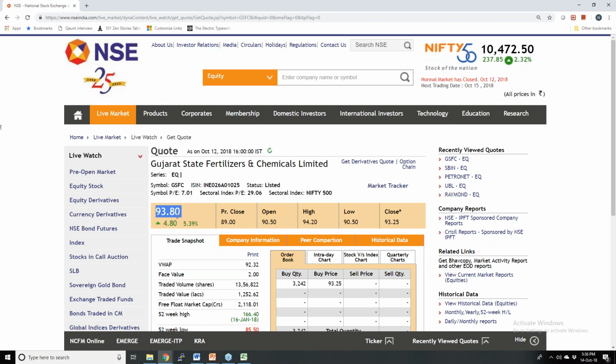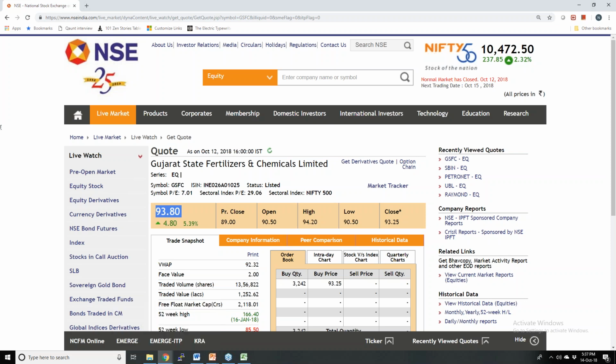The smallest tick size is 5 paisa, so I can only send my orders with prices rounded to 5 paisa. I cannot send an order for 93.82 or 83. It's either 80, 85, 90 and so on, in intervals of 5 paisa, or 5 cents for that matter. That is called the tick size. In a lot of US exchanges, the lowest tick size is 1 cent.